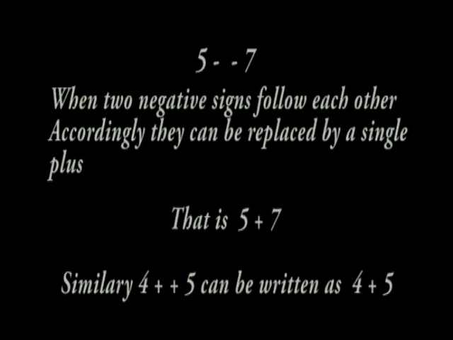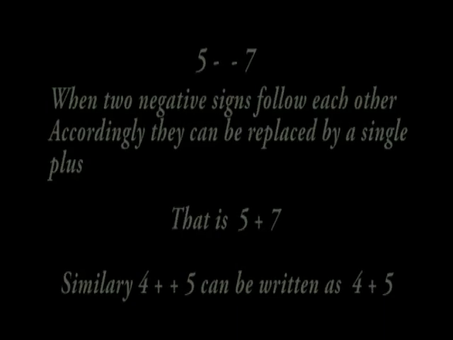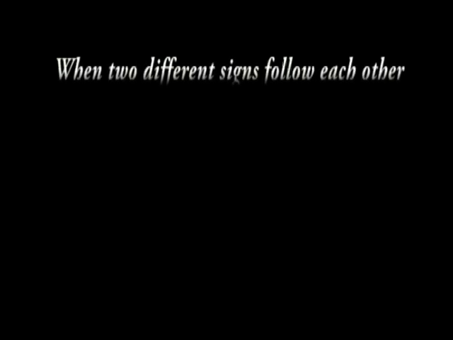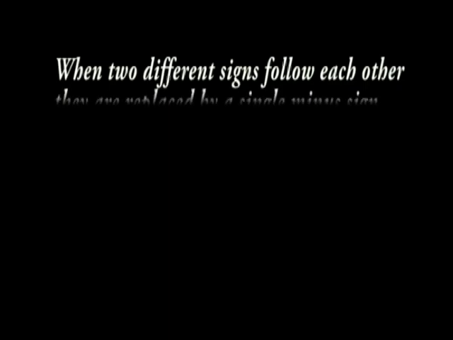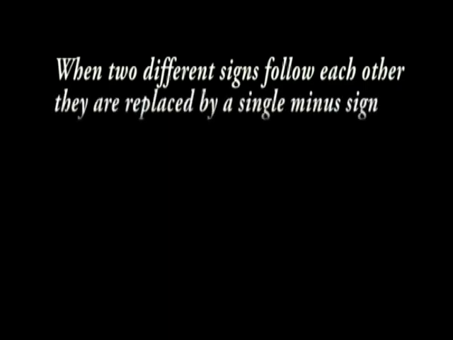However, when two different signs follow each other, they are replaced by a single minus sign. For example, 7 plus negative 2. This is written as 7 minus 2.